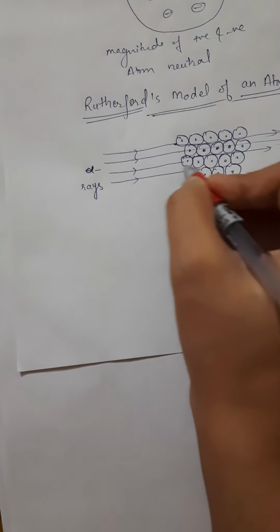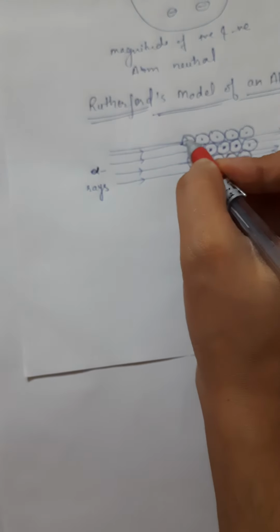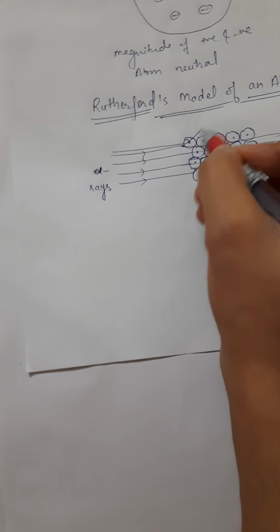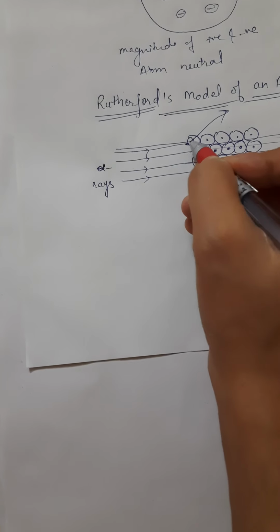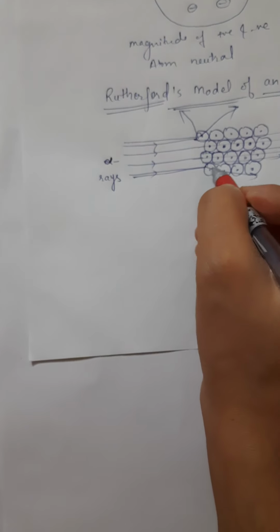Gold foil means atoms are there. So what did he observe? He observed that the maximum number of rays are passing through this foil. A small number of rays are deviating through a small angle.